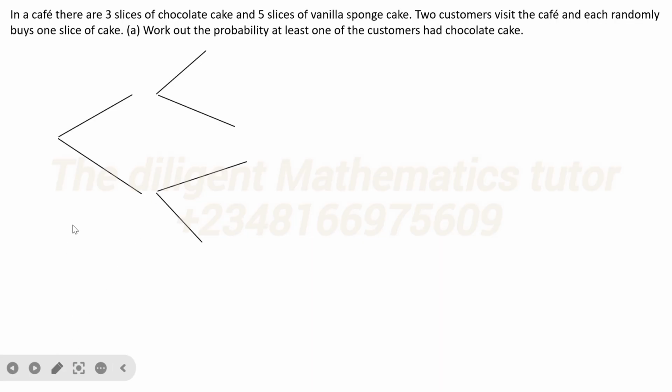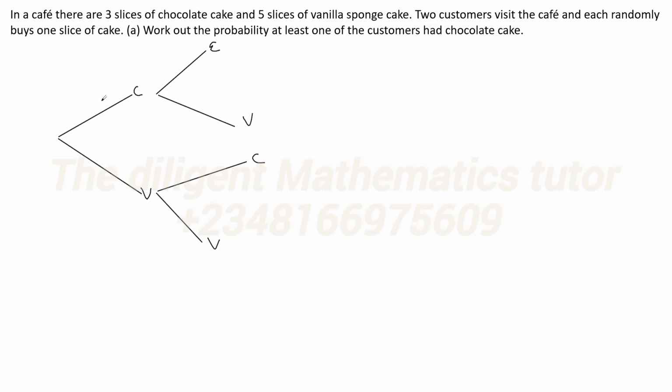It's possible that the first customer took chocolate cake and the second one took vanilla. And then it's also possible that the first one took vanilla and the other one chocolate. And it's also possible that it's vanilla, vanilla.